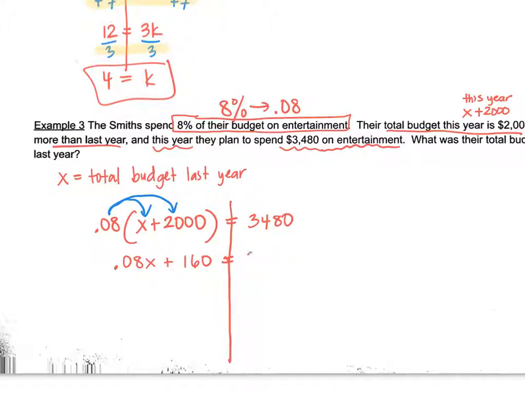My equal sign, I still have $3,480. Now we have a decimal in here, and if you remember in the last lesson, we got rid of our decimals. I'm going to choose not to do it this time, just because you can see how this is done without having to, just leave decimals there. I'm just going to keep going.